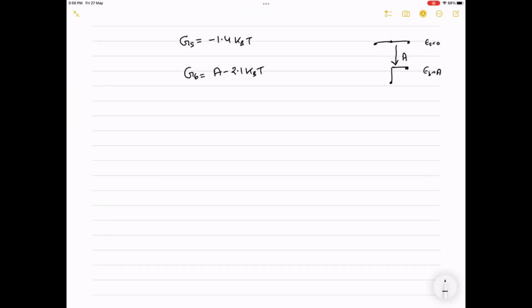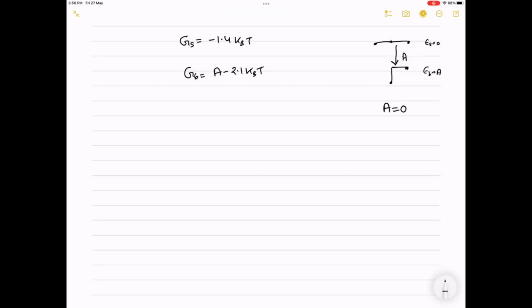That means the value of A is equal to 0. If the bending happens spontaneously, it doesn't require any additional energy, just thermal energy is good enough.